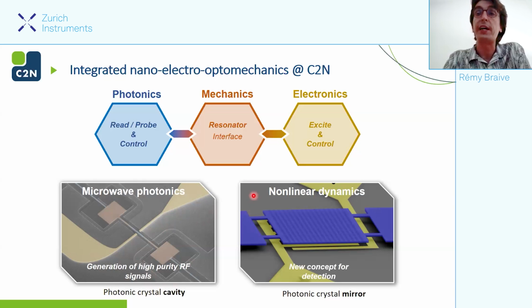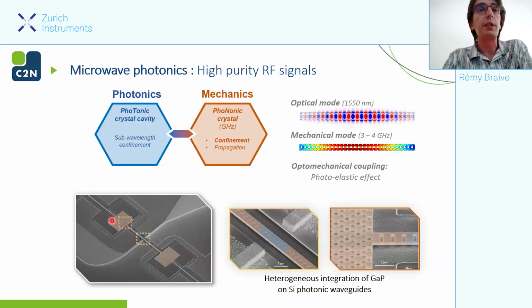Just aside, we are also using photonic crystals for nonlinear dynamics, but I won't go into the details of this. I will focus on this part and explain a little bit the image that we are seeing here. As the photonic part, we are using a photonic crystal cavity in order to confine the light at 1550 nanometers in a sub-wavelength range.